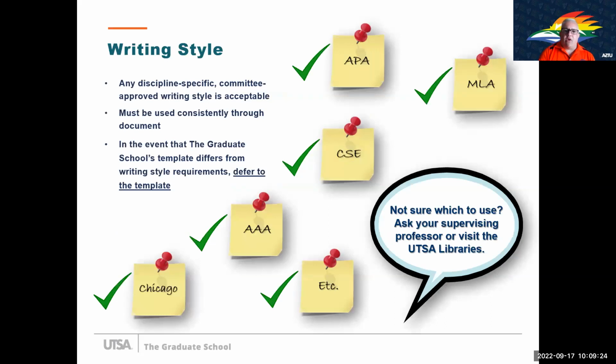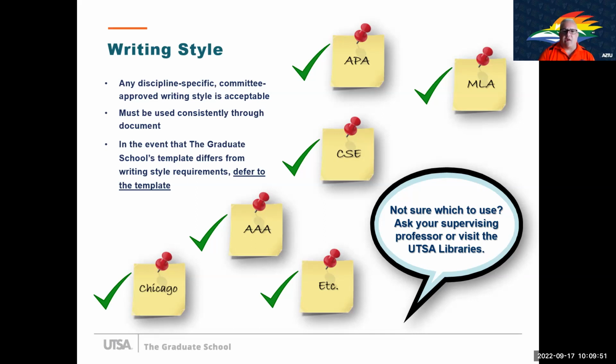For writing style, for example, MLA, APA, Chicago style, etc., any discipline-specific committee-approved writing style is acceptable by the graduate school. It must be used consistently through the document. We don't want you to flip-flop between styles, so make sure you're staying true to your citation style.